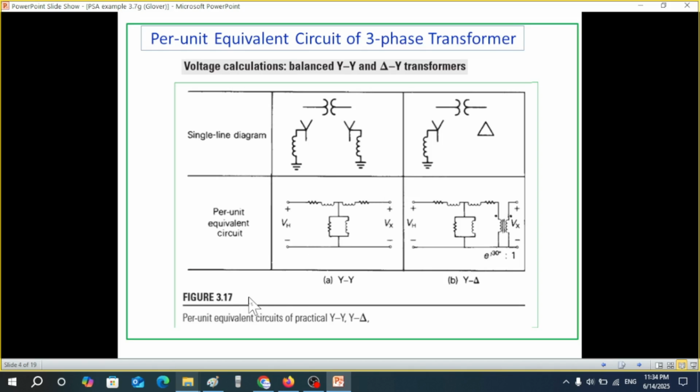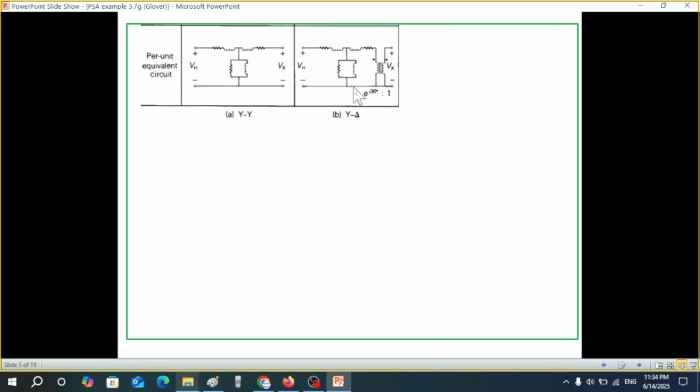Figure 3.17 in the book explains the single line diagram. It is shown like this. And then the per unit diagram is shown here. This is for YY and Y-delta that I'm showing. In the book it is also given for delta-delta. Now this is the diagram. This can be further simplified if we remove what is known as the exciting current effect. So the exciting current passes through this.